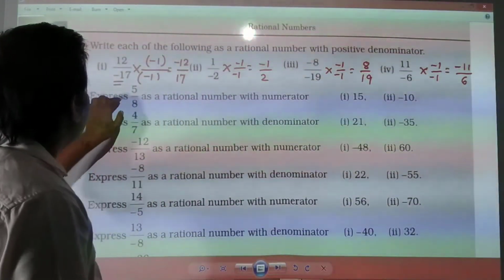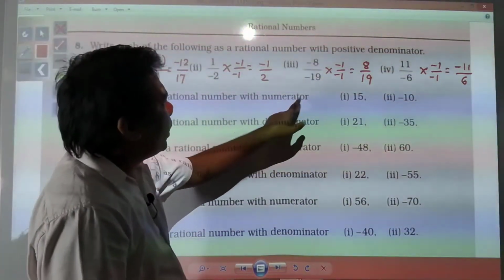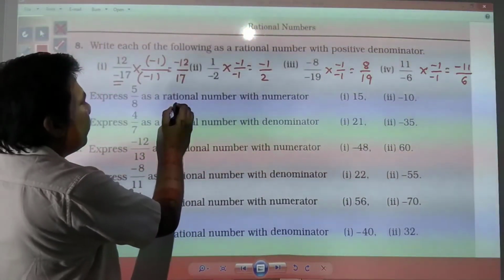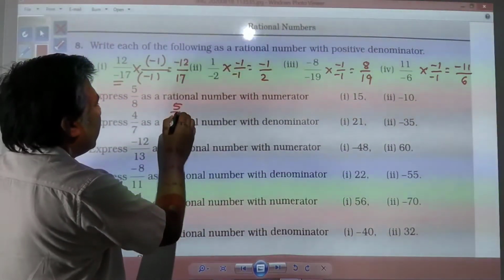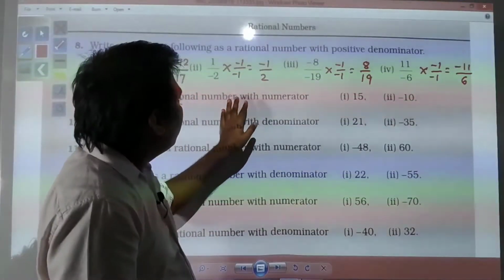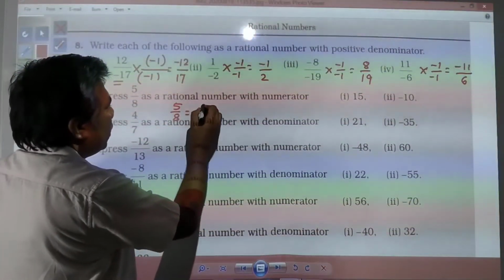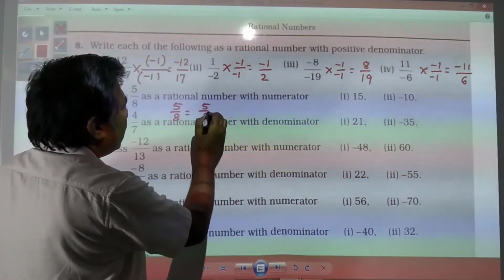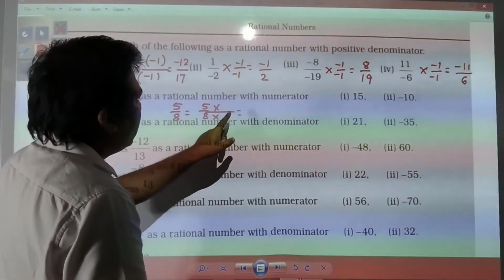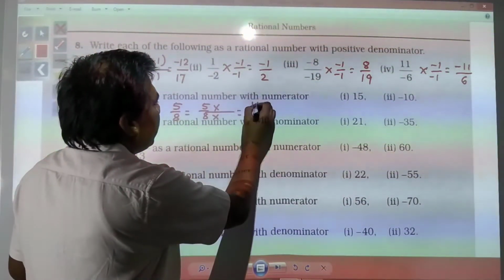Then you have: express 5 by 8 as a rational number with numerator 15. Here you have 5 by 8, and you need to convert this so that the numerator is 15. So what needs to be done? What number needs to be multiplied by 5 so that you get numerator 15?